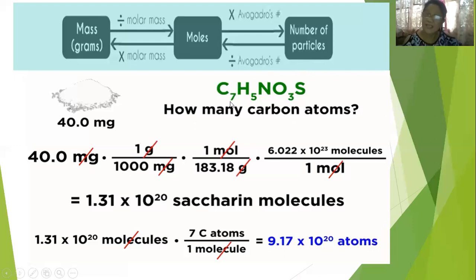But as you can see in the formula, how many carbon atoms are there in saccharin? There are 7. Therefore, in 1 molecule of this compound, how many carbon atoms? 7. So multiply it with 7. Cancel the molecule. We come up now with 9.17 times 10 to the exponent of 20 atoms of carbon.